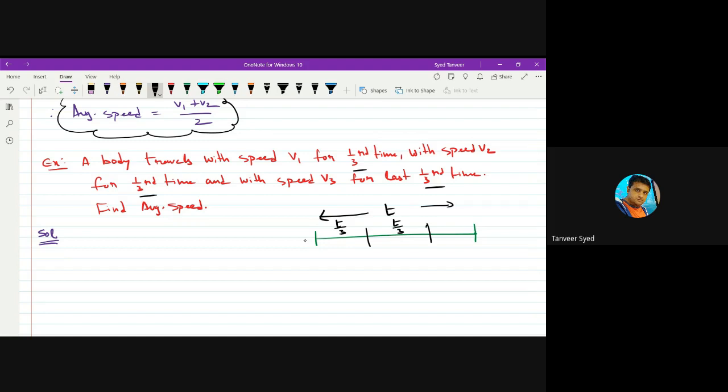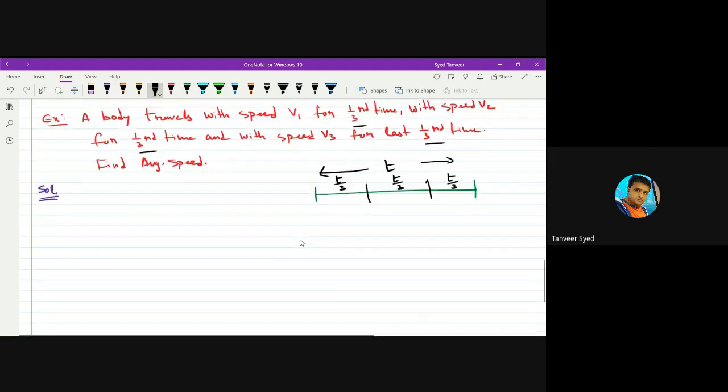Another one third, t by 3. Another one third, t by 3. t by 3 plus t by 3 plus t by 3, 3t by 3, which is equal to t. Okay, that is correct. Now, for first one third time, speed is v1. Second one third, v2. Third one third, v3.